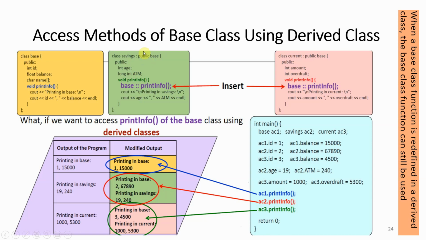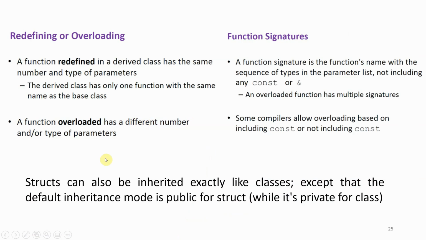Data hiding is one of the pillars of object-oriented programming. But if you have structures, the default inheritance mode is going to be public.